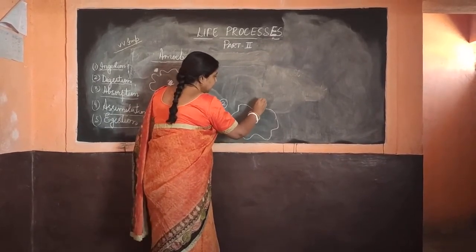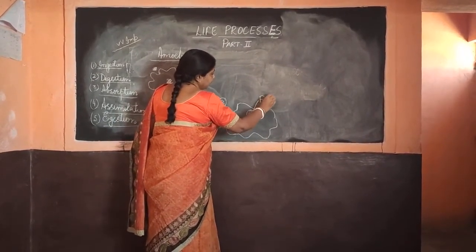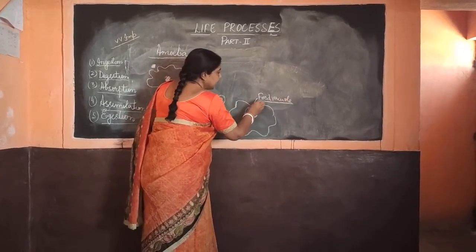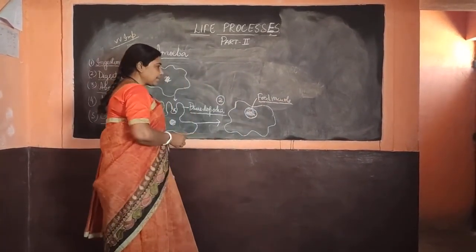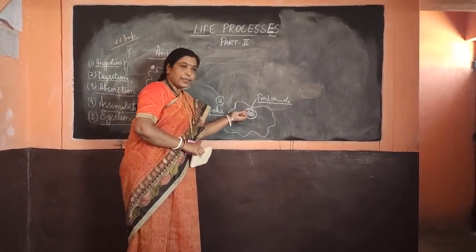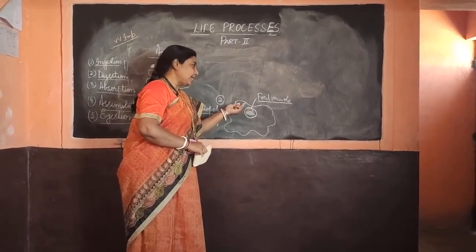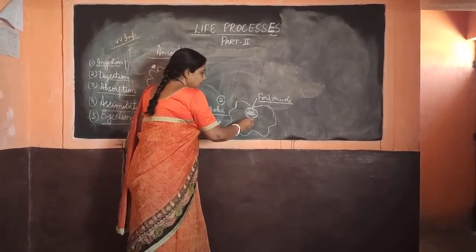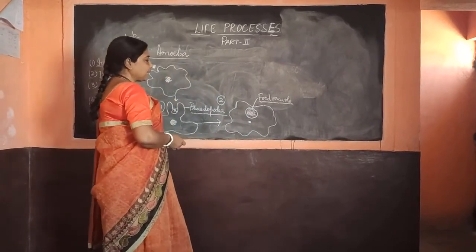This is the food vacuole in the cell of amoeba containing many enzymes, and the food here will be acted upon by the enzymes. It will get digested, and that is why in amoeba it is also known as the temporary stomach.